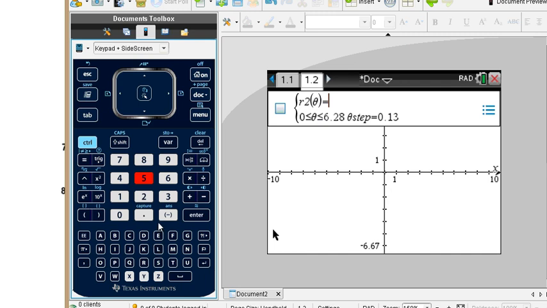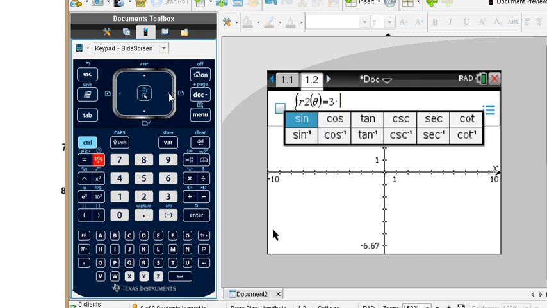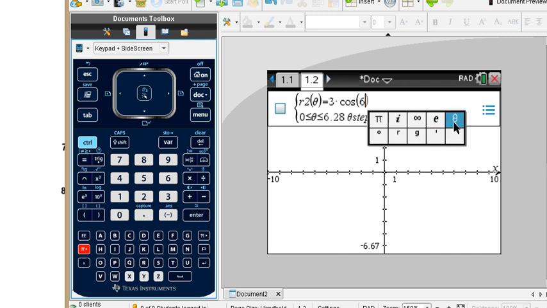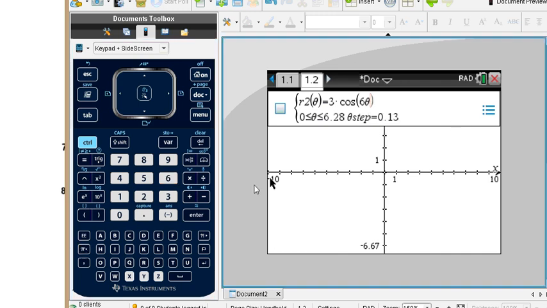So I put 3 times trigonometry cosine, and we put in 6. Now I put in theta. And to get to theta, I press the pi key in the lower left, and I get this submenu, choosing theta here.